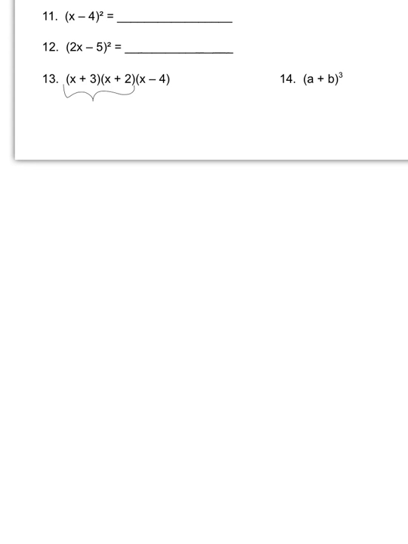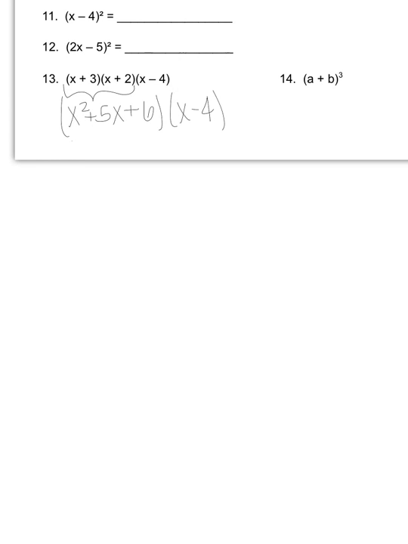Notice they have single variables, so I can use the method that we learned on the front. So that's x squared. Add the 2 numbers to get 5x. Multiply them to get 6. Okay, so I need to multiply that by x minus 4.